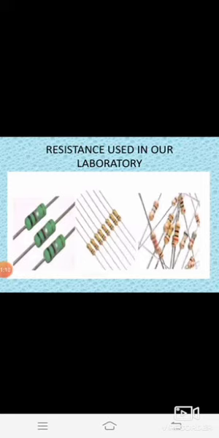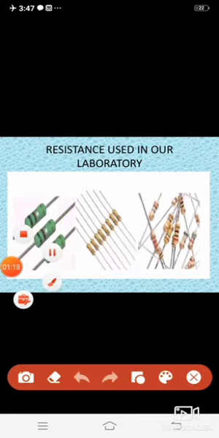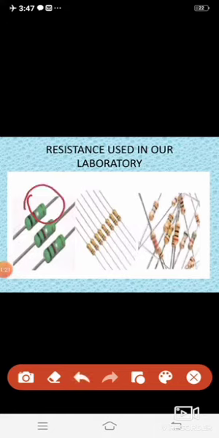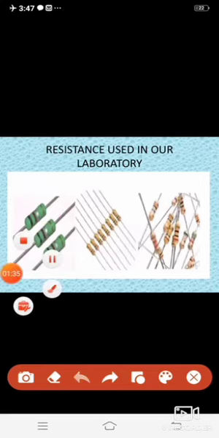In these carbon resistors there are also some colored rings. These colored rings are used to identify the value of the resistance of the resistors.